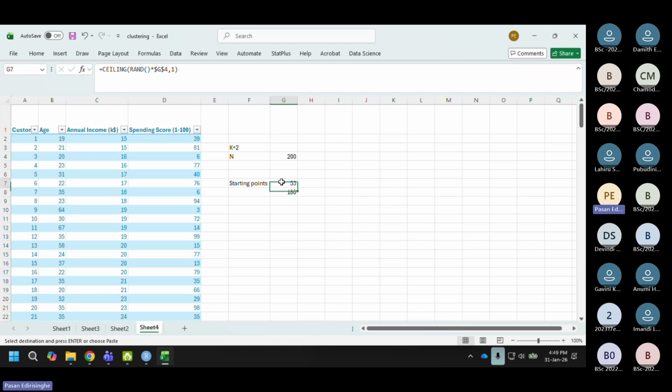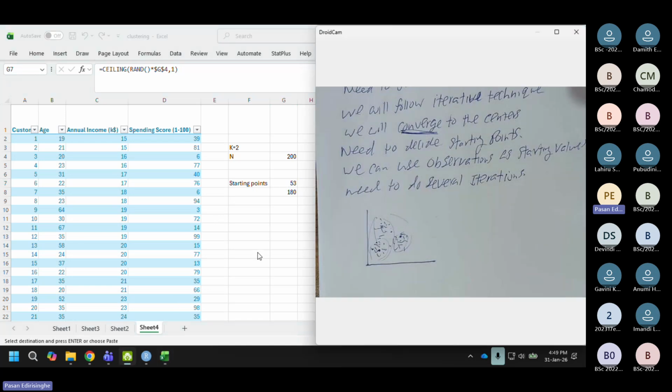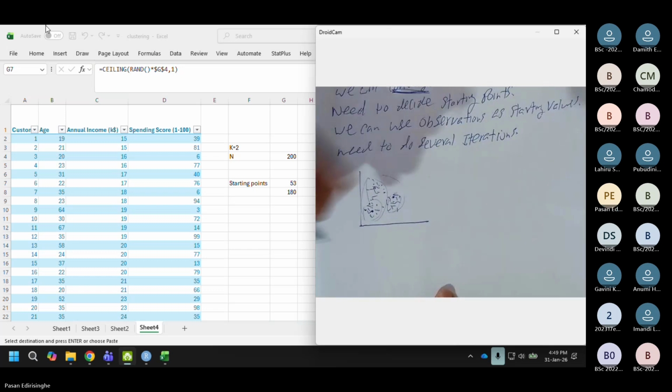So how do we do that here? I'm using the RAND command, that is the random number generation command in Excel.